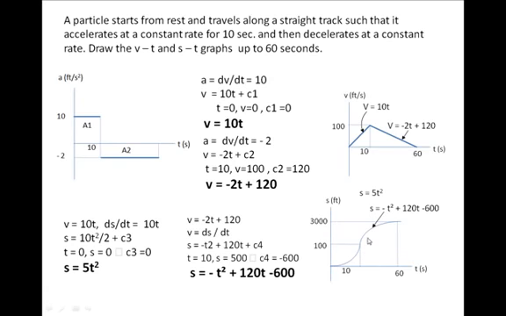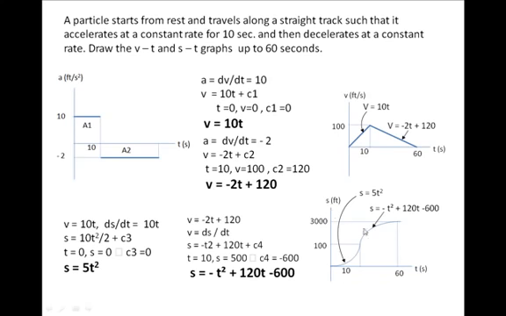So see, this portion is your s is equal to 5t square, and this part is s is equal to minus t square plus 120t minus 600.